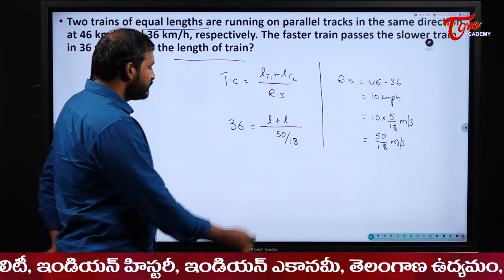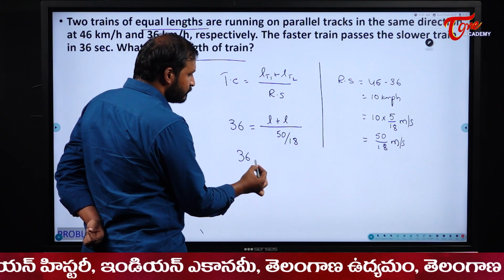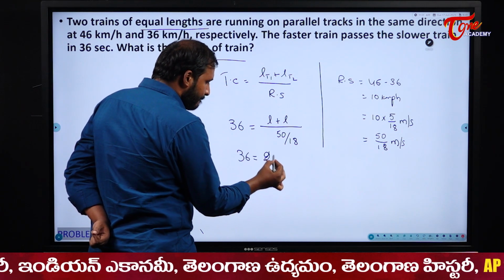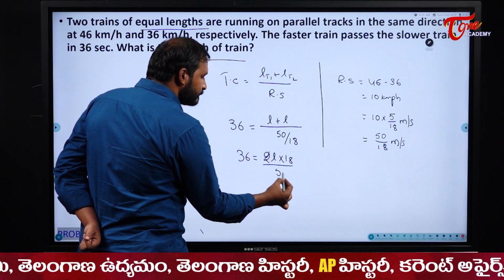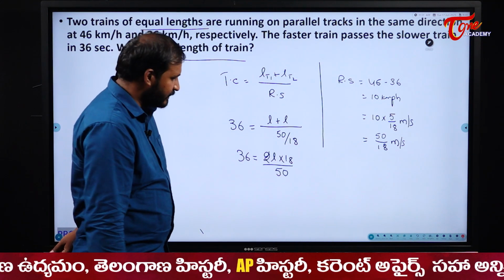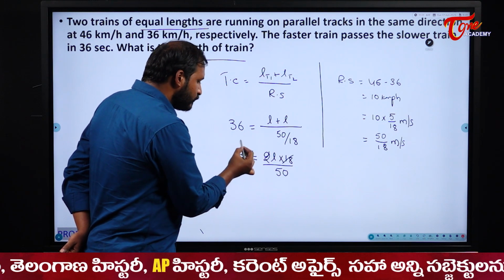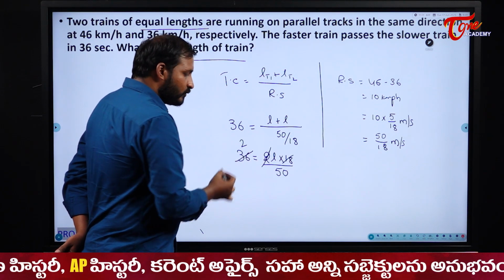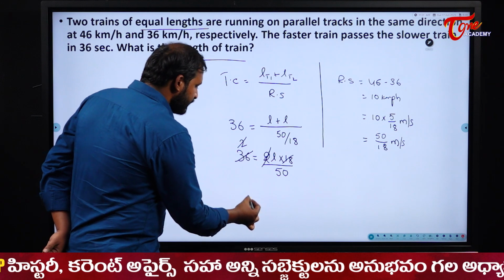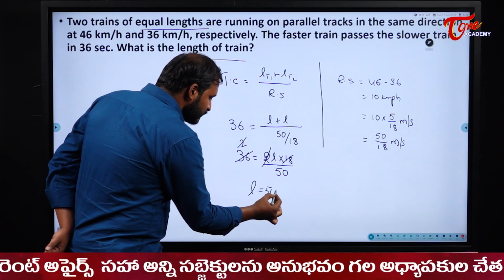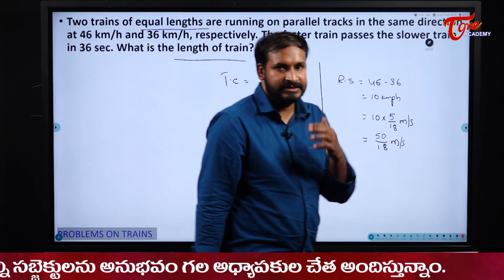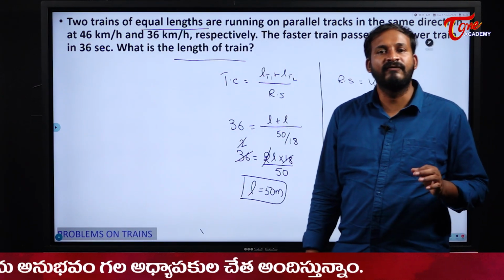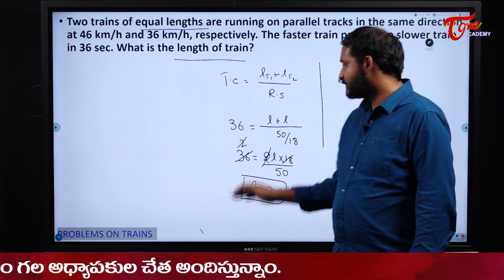So now 36 is equal to 2L into 18, this 18 will come to numerator, by 50. So now please here 18 ones, 18 twos, 2 ones, 2 twos. So length will become 50 meters. So that means length of each train is here 50 meters. Understood? Simple. Next one.